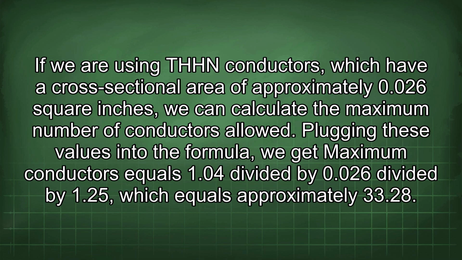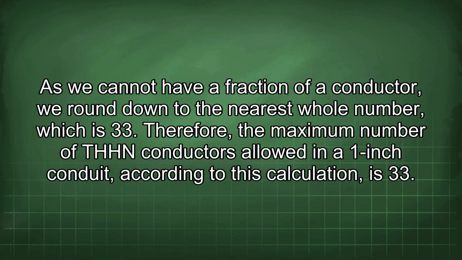Plugging these values into the formula, we get maximum conductors equals 1.4 divided by 0.26 divided by 1.25, which equals approximately 33.28. As we cannot have a fraction of a conductor, we round down to the nearest whole number, which is 33. Therefore, the maximum number of THHN conductors allowed in a 1-inch conduit, according to this calculation, is 33.